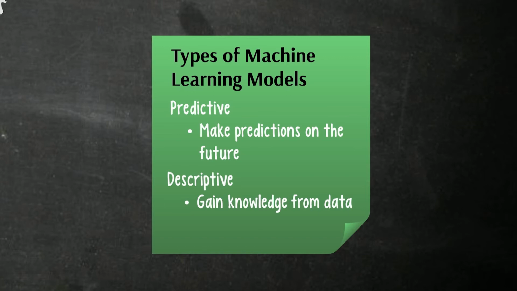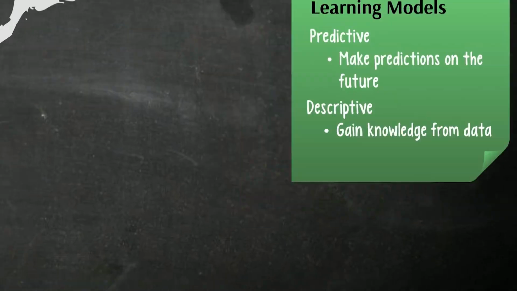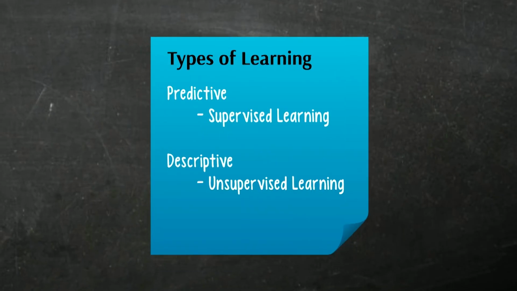So we don't necessarily know what the output's going to look like, but we're going to try to gather that knowledge by analyzing this data. Okay, so these two types of learning can really be broken down into supervised learning and unsupervised learning. Again, in predictive, supervised learning is when we have examples of input data and output data.